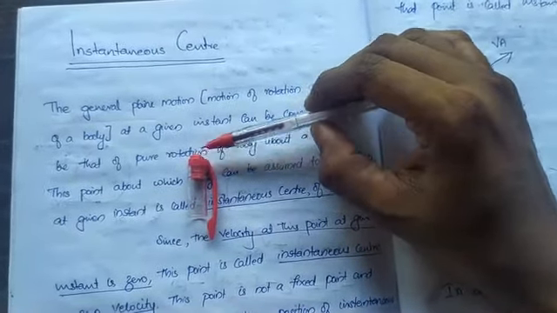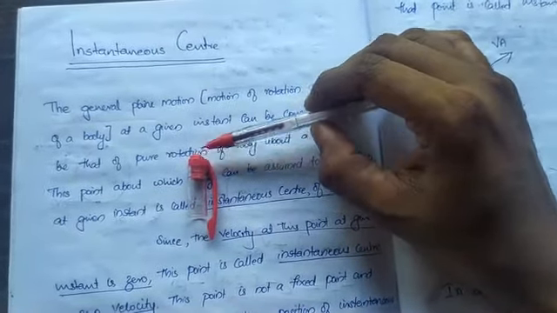I told you that instead of the body moving from here to this point, I am considering this total as a pure rotation with respect to a point, and this is your instantaneous center. So here the velocity at this point at a given instant is 0. This point is called the instantaneous center of zero velocity.